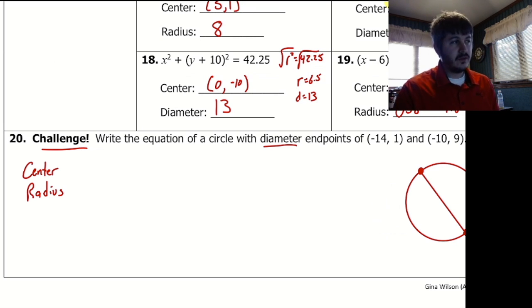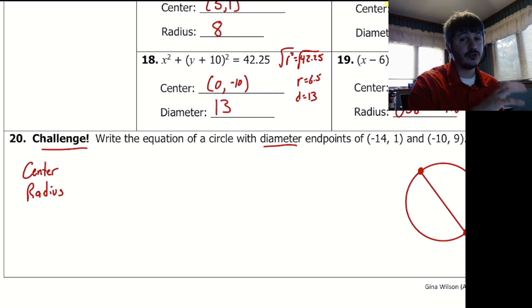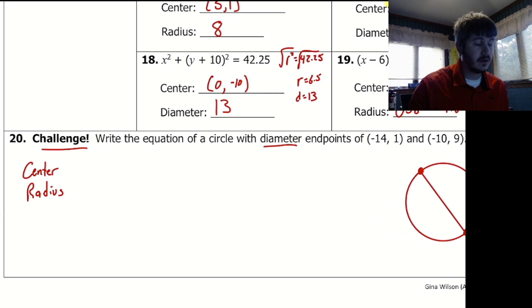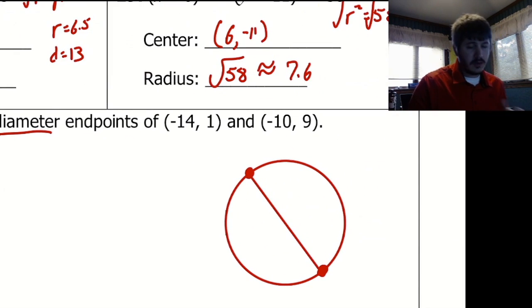Knowing the coordinates of the endpoints doesn't give you either of these directly. So we're going to have to do a little bit of plugging in, figuring out where both of these things are. First and foremost, there are a number of ways you could do this.